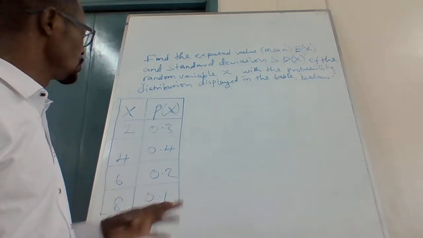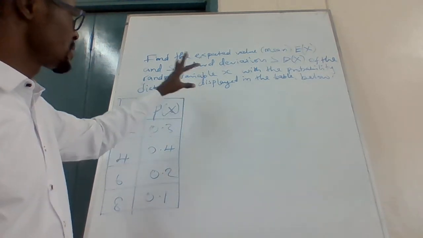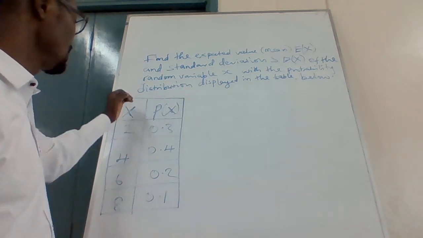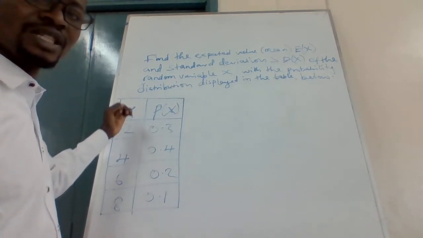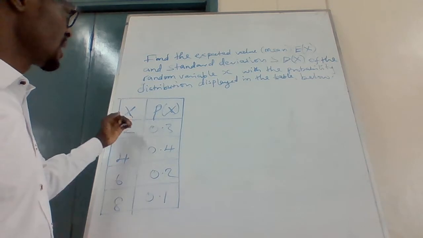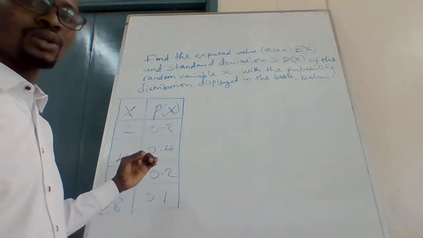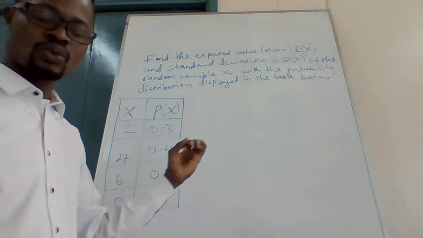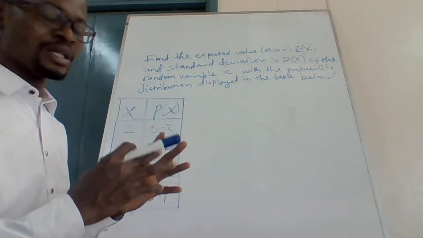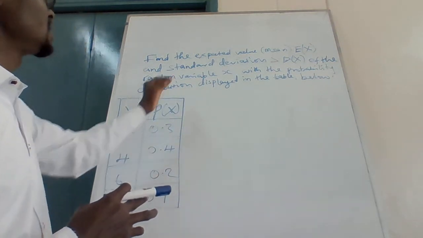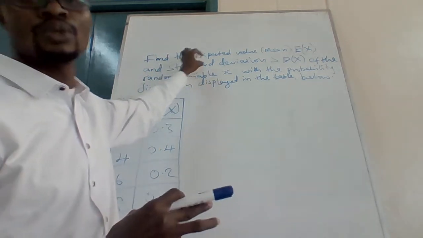From the beginning, you know that when you're asked to find an expected mean, it is simply to multiply these values of x with its probability and then add the products together. That's what gives you the expected mean. So first of all, we need to find the expected mean because that is what the question says.